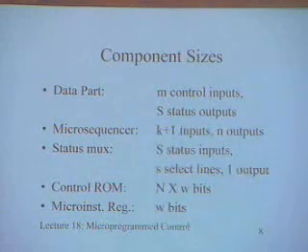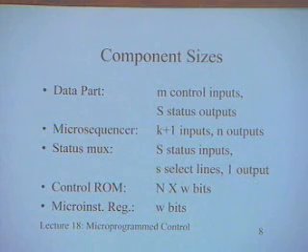Some of these status inputs could be primary inputs. For example, if you consider the design of the GCD, we had a signal called start. If you remember the GCD design, it was part of the state machine, and at the initial state I had to check whether start is high or low and then perform a state transition.